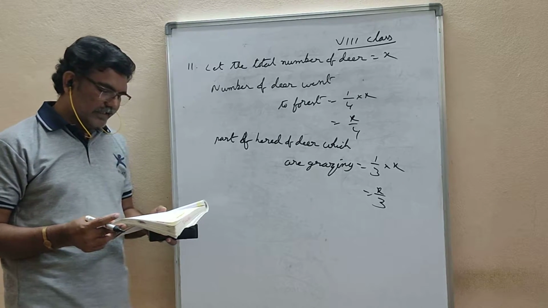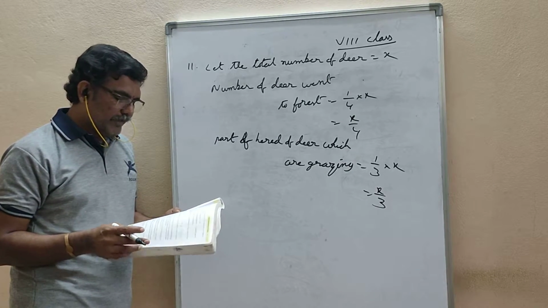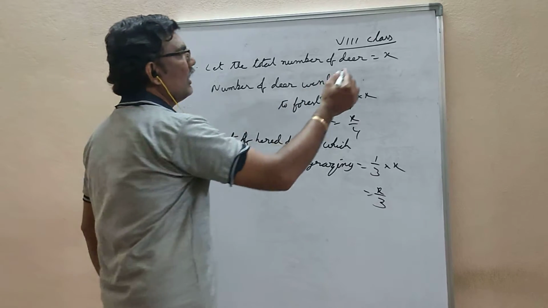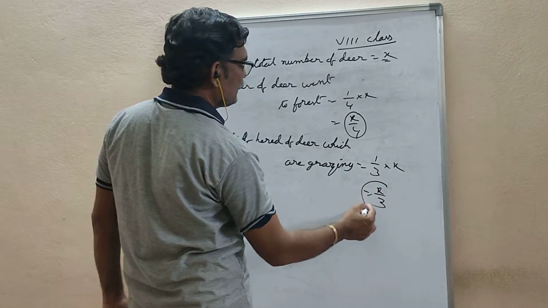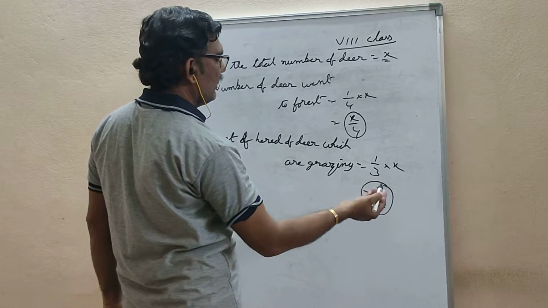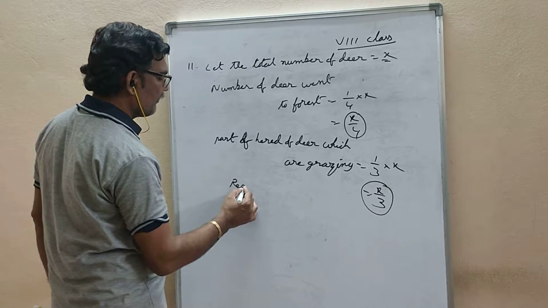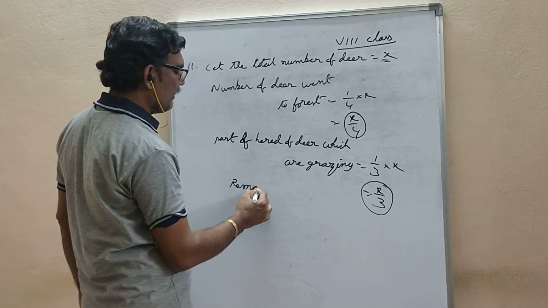Now what he said is 15. Remaining 15 are drinking. So in total, this much went to the forest, this much they are grazing in the field, and the remaining is 15 after these two.